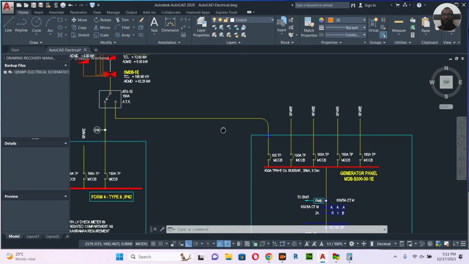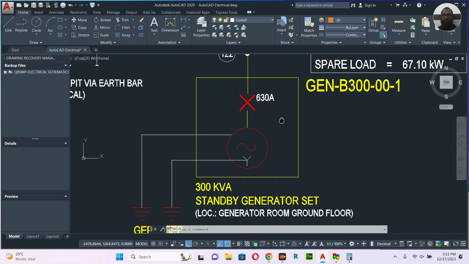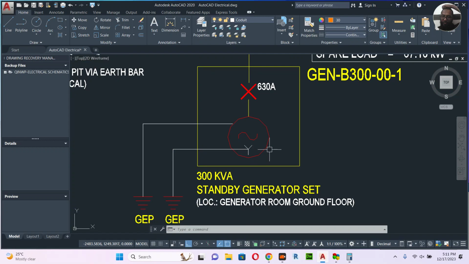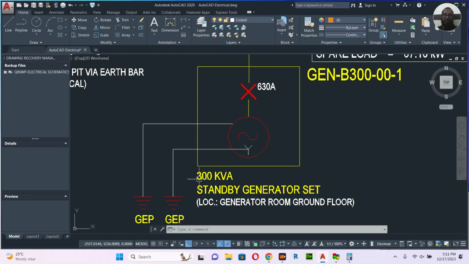Let's say 300 kilowatts. So 300 kilowatts is more. You divide again by the power factor, let's say 300 divided by 0.8. So 375, we will go for 400 kVA.